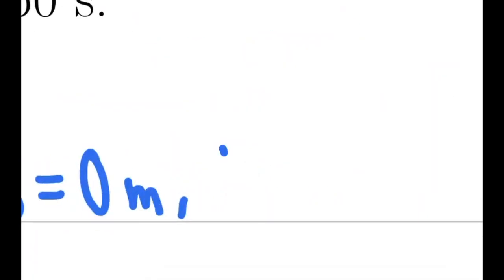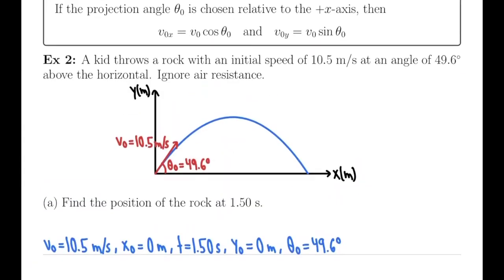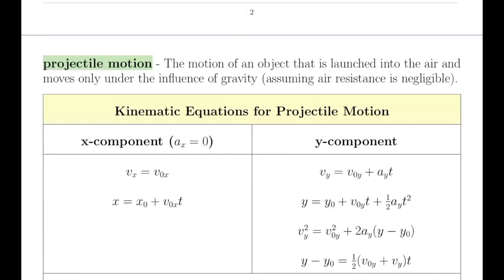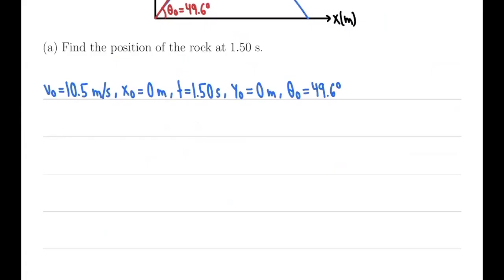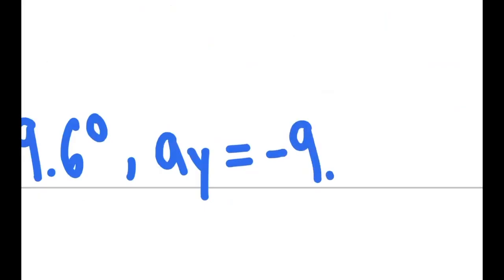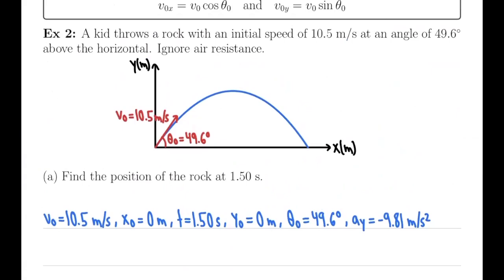We have the angle theta naught is 49.6 degrees. And since this is a projectile motion problem, and the object is under the influence of gravity, we can say acceleration in the y direction is negative g, so negative 9.81 meters per second squared. That's pretty much all we know.